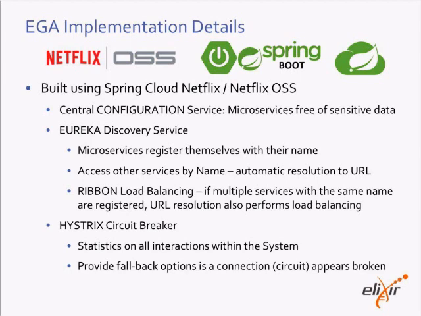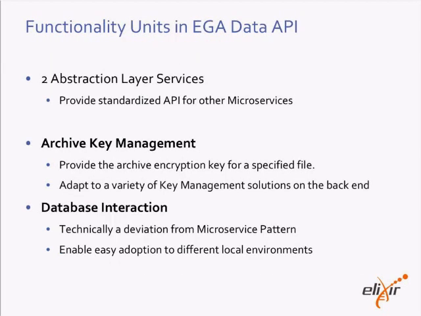Regarding the actual functionality, first of all, I tried to write this in a way that it is portable. So I have written two abstraction layer services. First of all, we assume that the files in the archive that holds the EGA data are encrypted. So I need to find a way to obtain the archive encryption key before I can access the data.